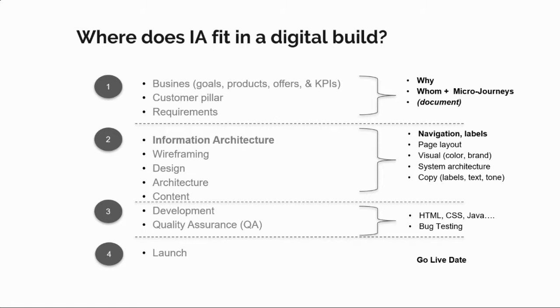So once we know the business, once we know who the customer is that we're trying to target, once we know the requirements, which is what we're going to start doing in studio today, then we move on to IA. Then we start designing. But the first step is why. What are we doing? Why are we doing it? For whom are we doing it? Then when we know, we start designing. Step 2 is where design starts. But before you start putting boxes, there's a bunch of things we need to ask ourselves.